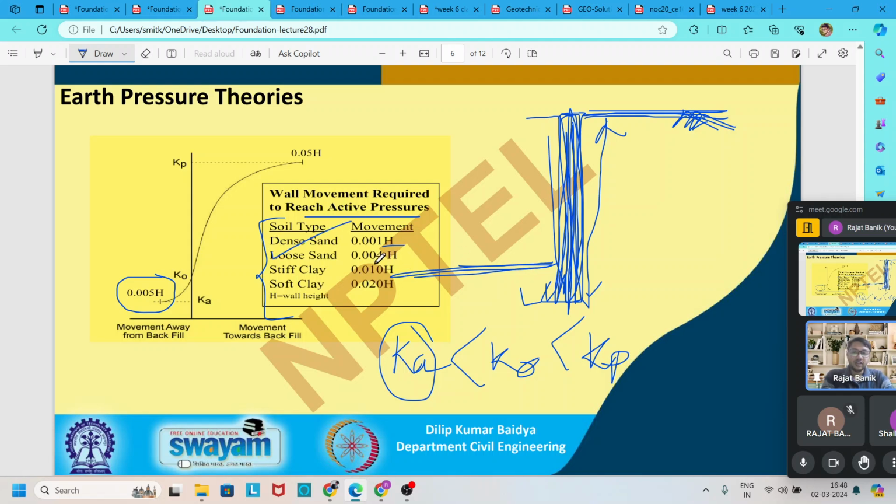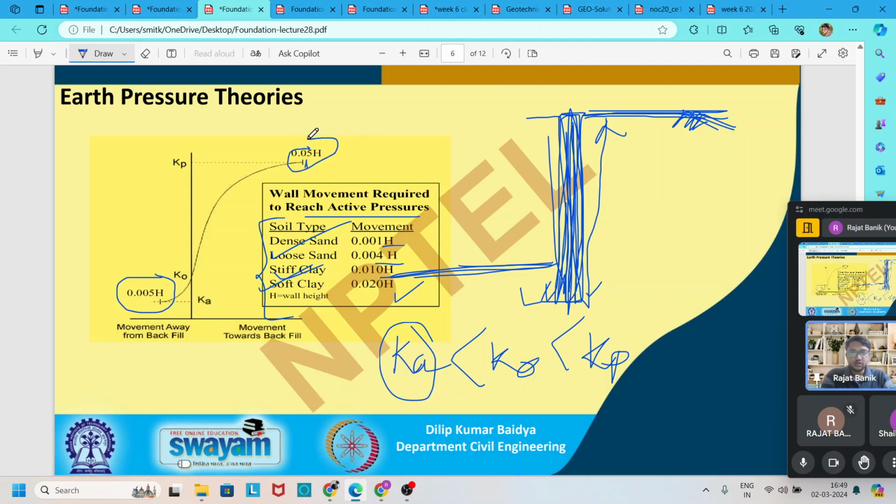For loose sand, it is 0.004 times H. For stiff clay, it is 0.01 times H. And for soft clay, it is 0.02 times H. But in the case of passive earth pressure, the movement required towards the backfill material is 0.05 times H.